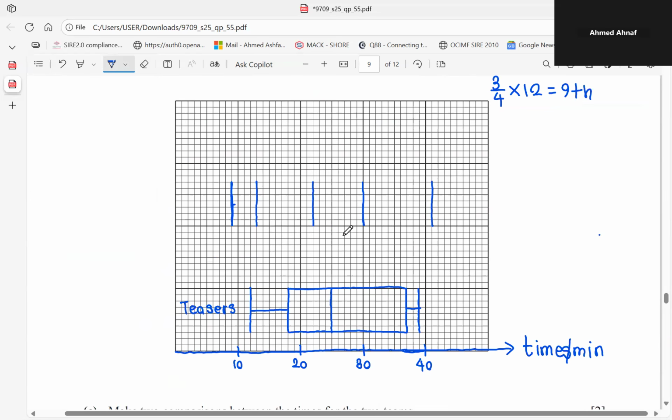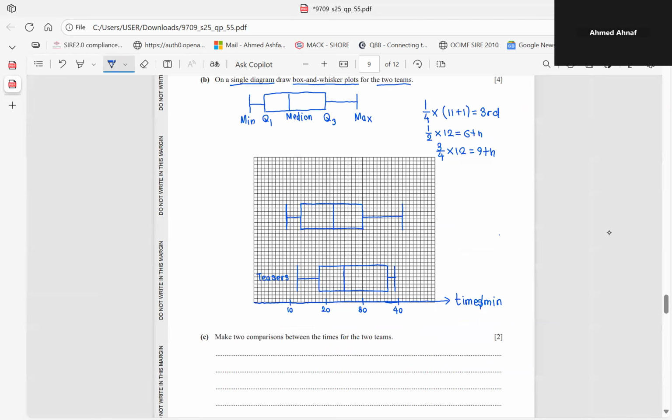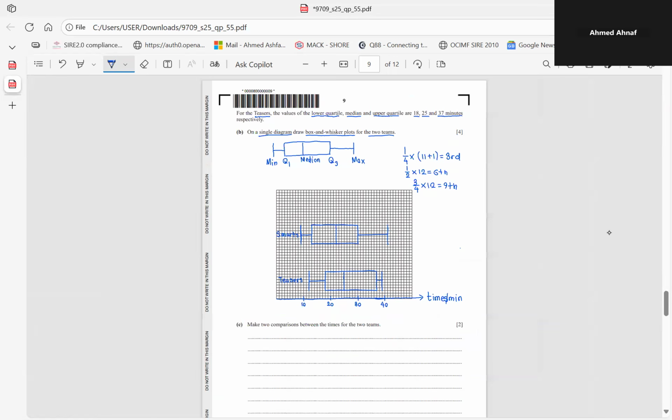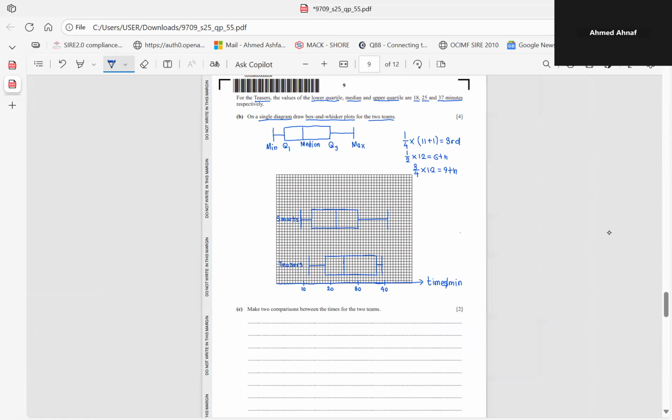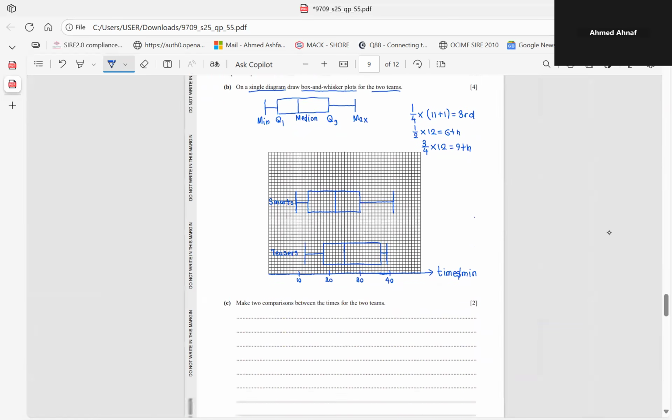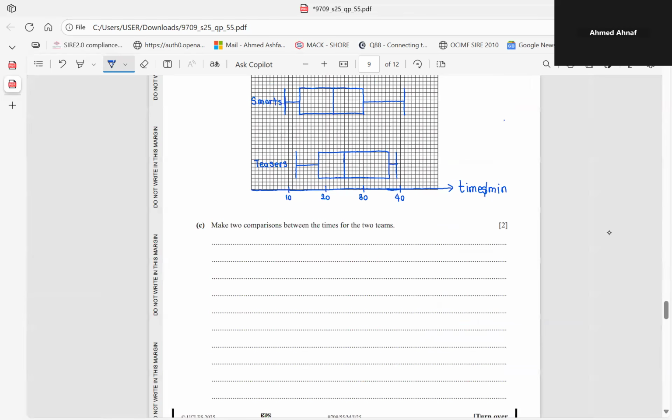So let's draw the line and the box connecting the median, upper and lower quartile. Finally, the line connecting the maximum point. Don't forget to label it. Yeah, so this is our final answer for this part. Let's head on to the next part.